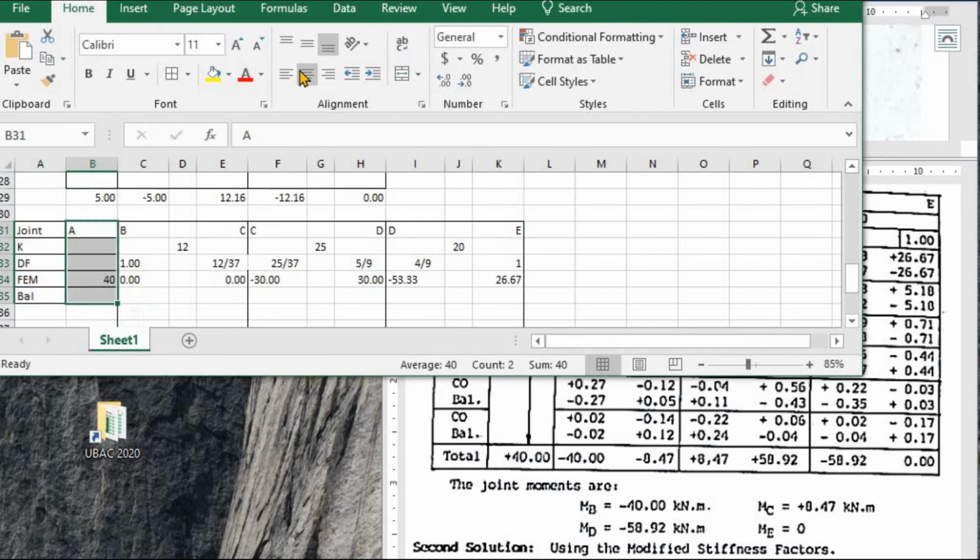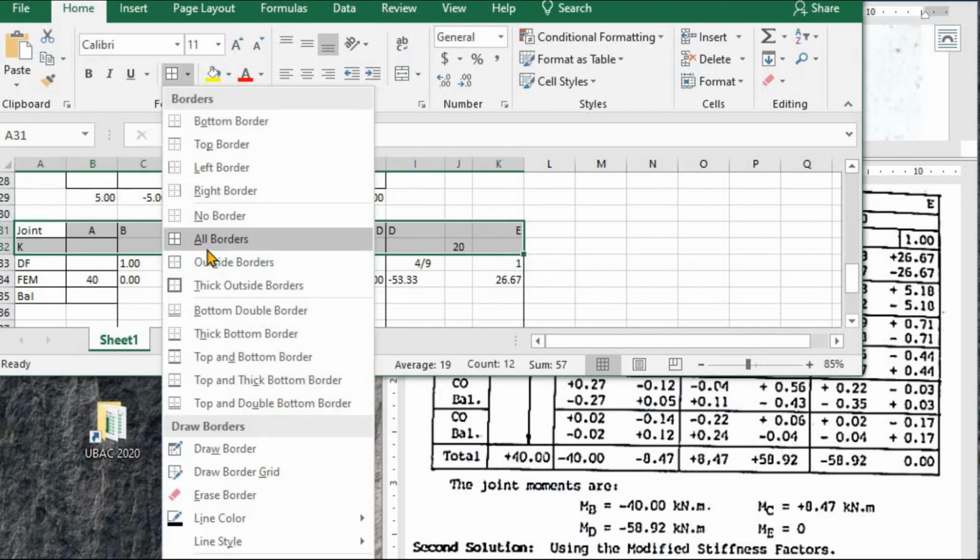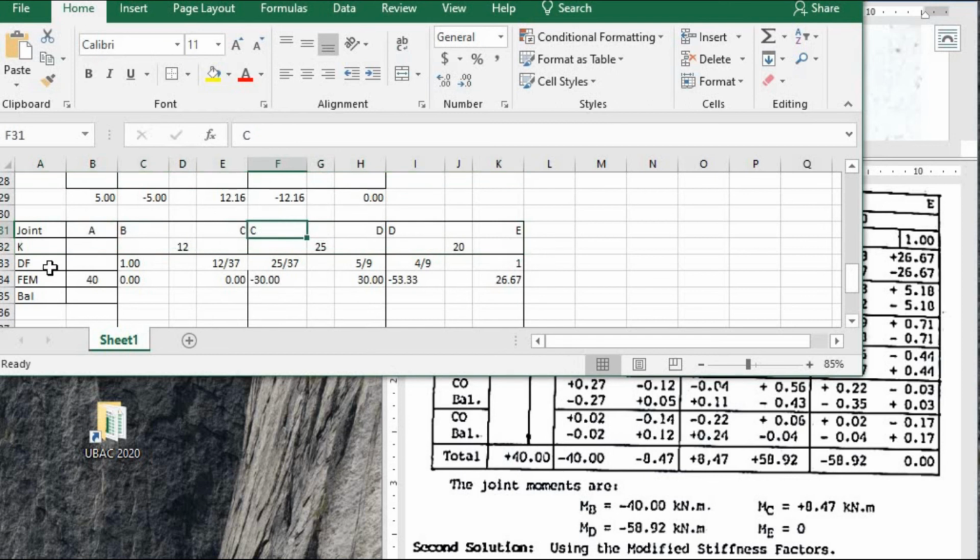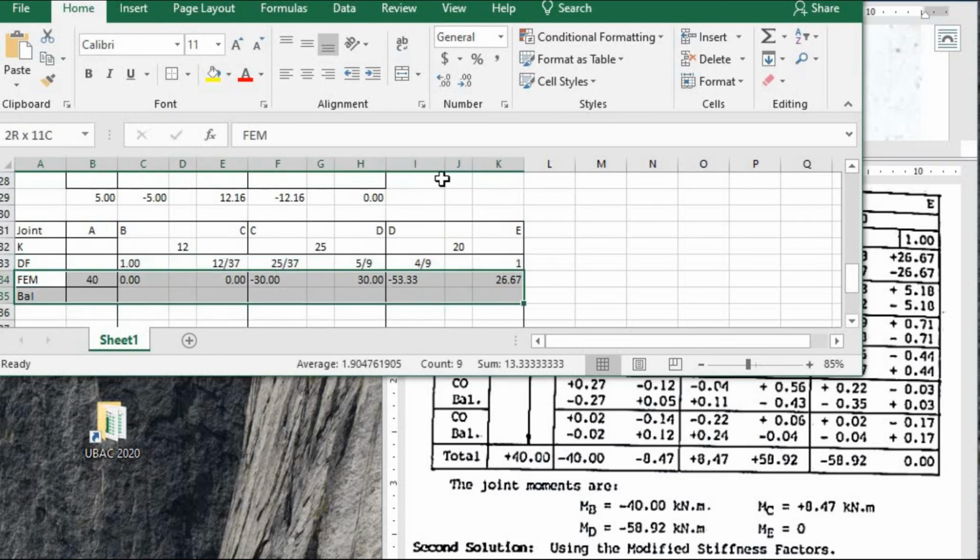Pwede mo ring align center na yan. Then fix end moment tsaka balance, isang cycle na yan.